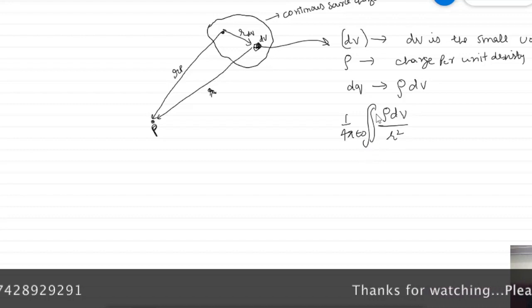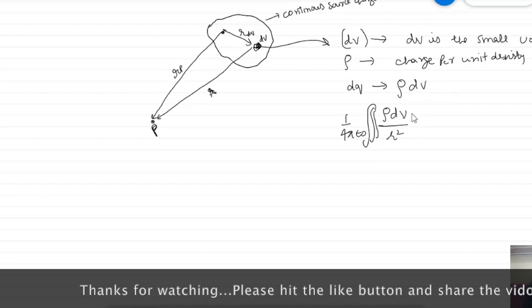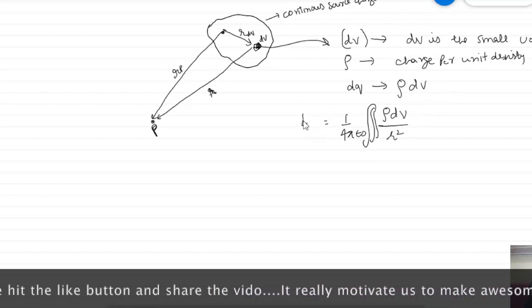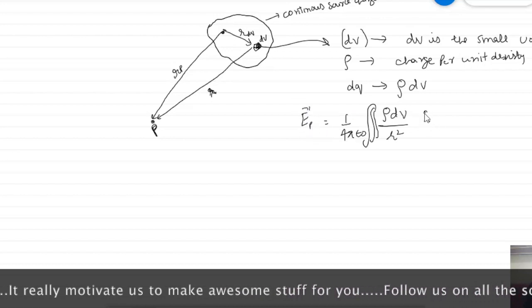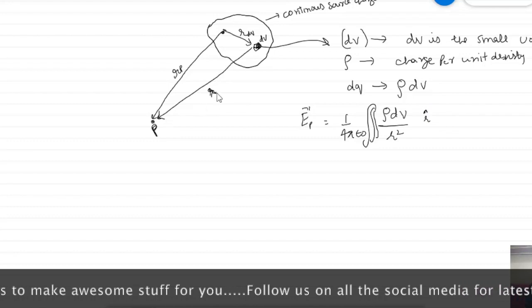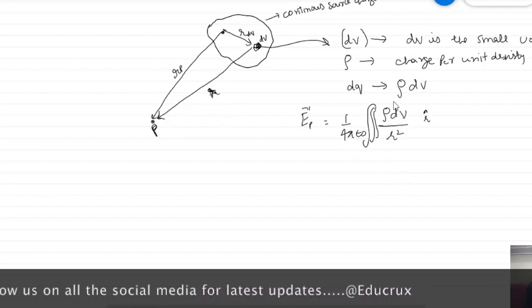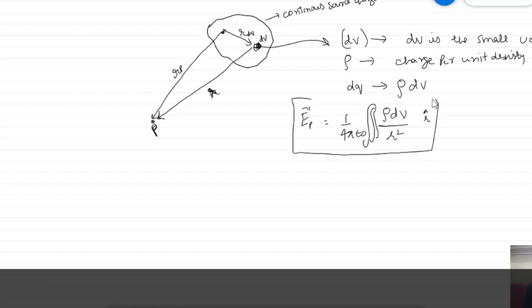This will be a triple integral because we are integrating over a volume. The field at point P is along r cap. So if I need to calculate the electric field at point P due to the continuous source charge distribution, I have to evaluate it using this formula.